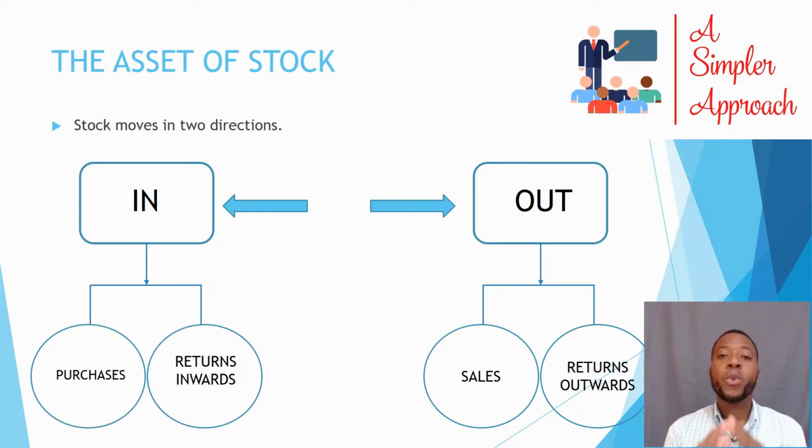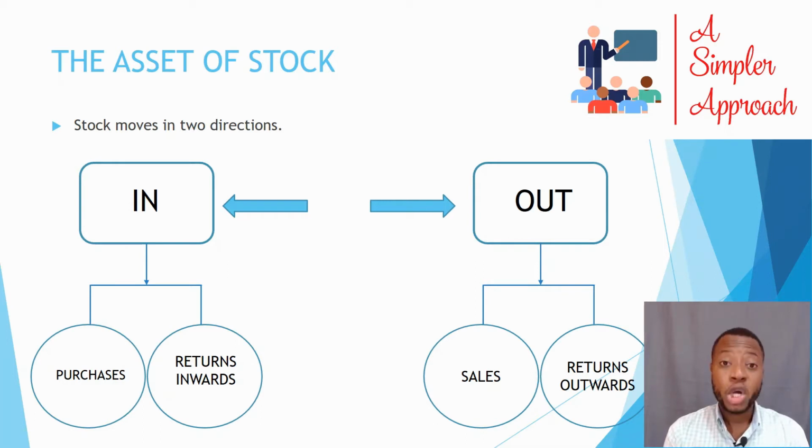Now, when stock comes in, there are two accounts that are used: either purchases, which means that we purchased it, or returns inwards, which means it was sold before but has been brought back to us for whatever reason. When stock goes out, it's either sales, which means we sold it, or returns outwards, which means goods that were previously bought by us were sent back to our suppliers for whatever reason.